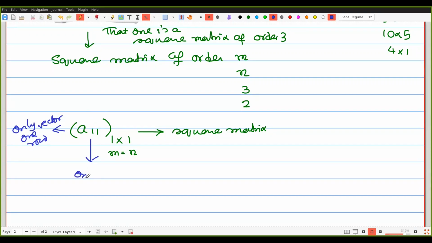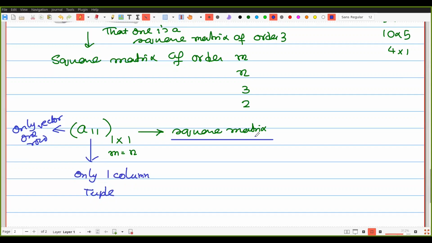So only one column is there. So that must also be called a tuple or column matrix. But as that is a row matrix or vector or column matrix or tuple, it is also a square matrix. So not each and every row matrix or column matrix must be a rectangular matrix. It may also happen that it is a vector or a tuple also.